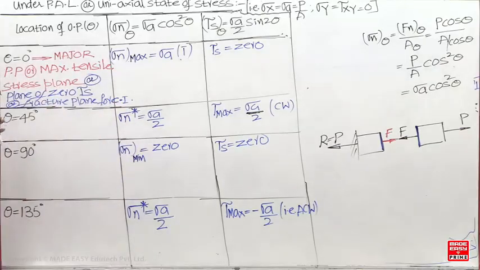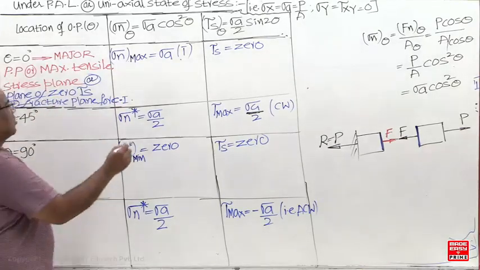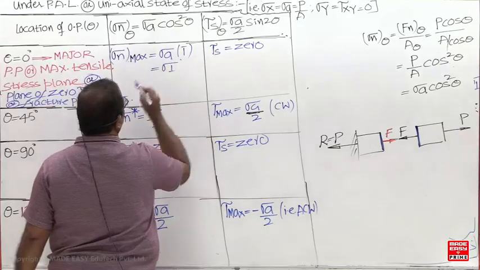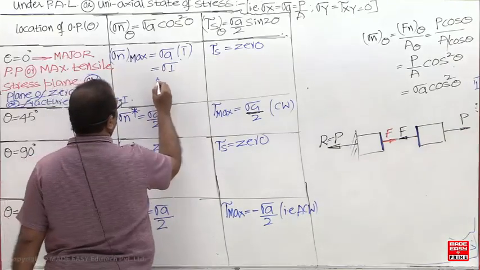For brittle material, you can call it a fracture plane for cast iron. What is the other name for this? Sigma 1.